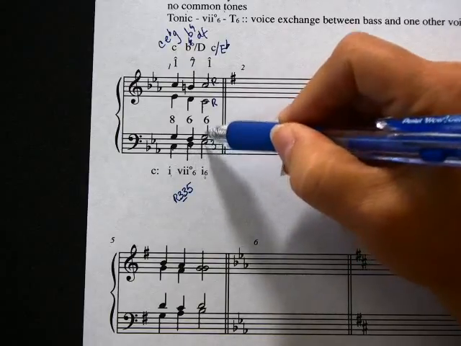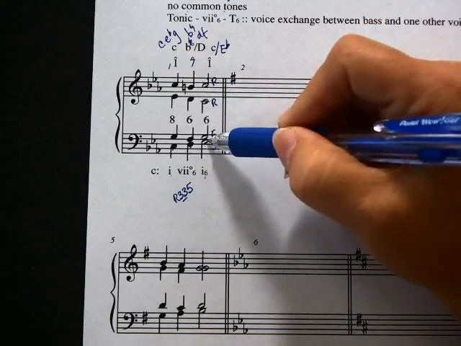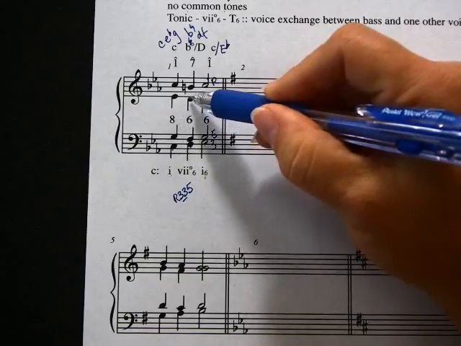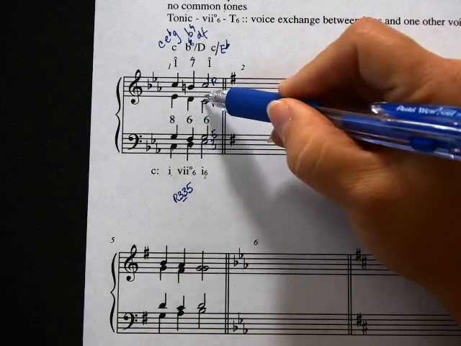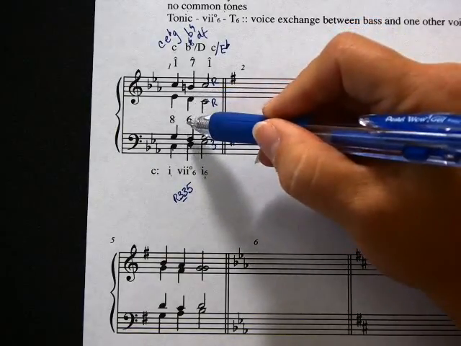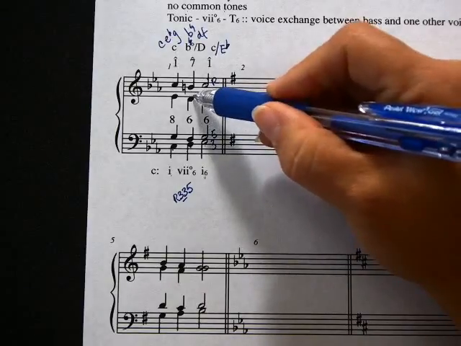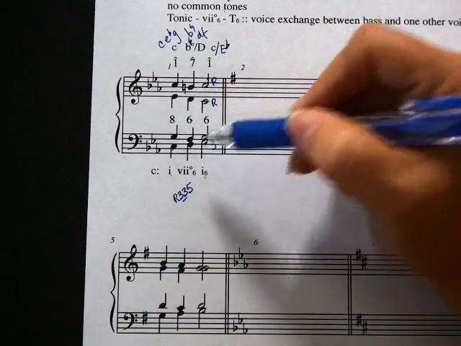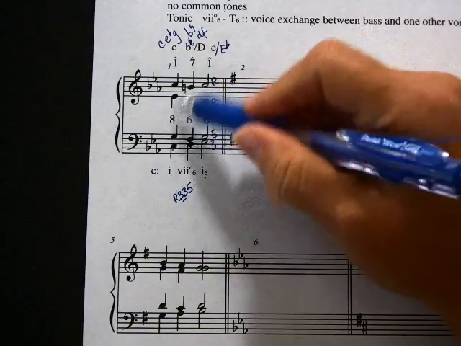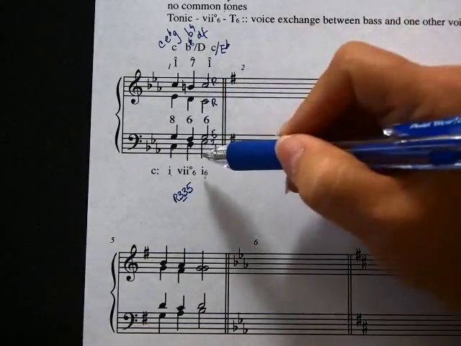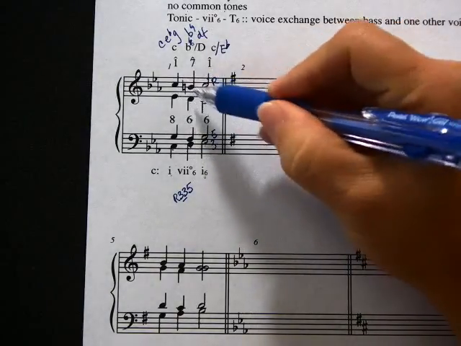So if the bass is moving D, E flat, then the octave above in the alto can't do the same thing, or it would create parallel octaves between the alto and the bass. So there's always some contrary motion to the bass, and this time it was in the alto.